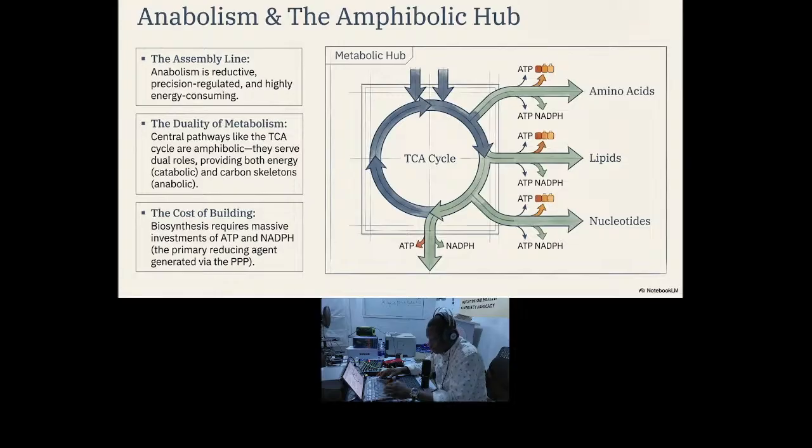So then, what is the cost of building? Biosynthesis requires massive investment of ATP. Under normal circumstances, the type of house you are going to build will depend on the amount of currency that is with you. So what determines what a cell will do in the presence of unfavorable conditions will depend on the available energy, the available ATP.